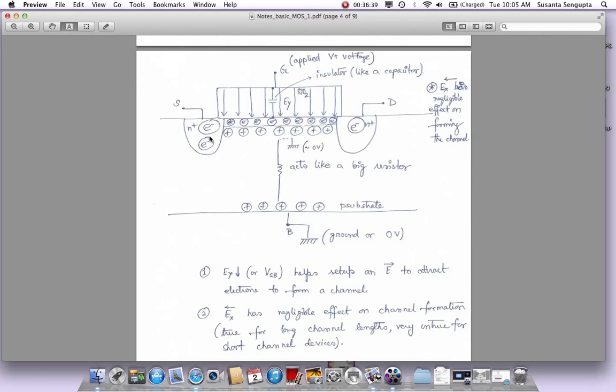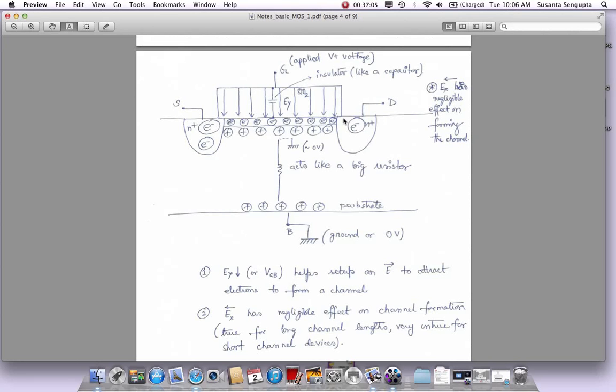No, source doesn't really play a role here so much, as initially the role is played by the bulk. So you really have to apply this potential with respect to the bulk to generate these carriers here. And in most cases, since the source is shorted to the bulk, we just tend to say VGS all the time.